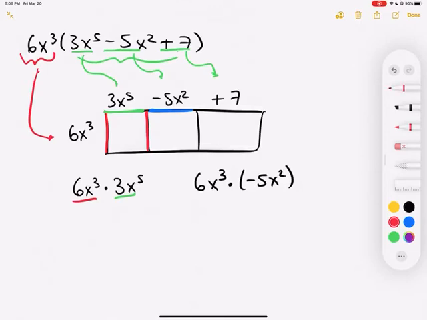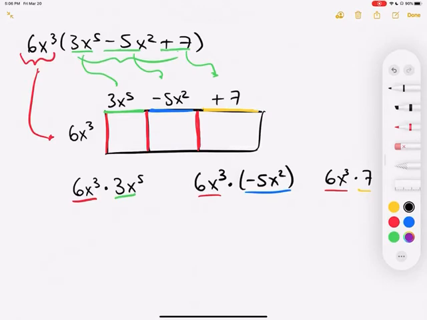And for the last rectangle, it also has a height of 6x cubed, that's my height, and it has a length of 7. Let's find those 3 multiplications separately, and then at the end we can just write them all together.